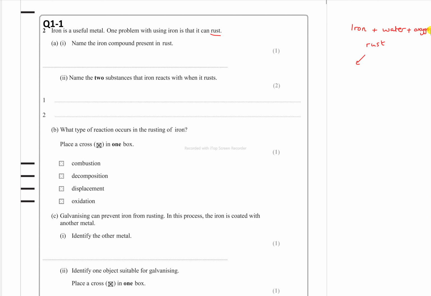And rust is known as, right, I'm going to write the full name out. Hydrated iron 1, 2, 3 oxide. Fe2O3.